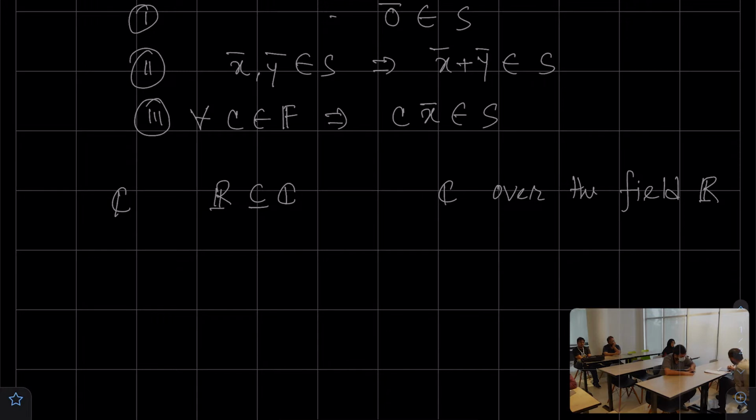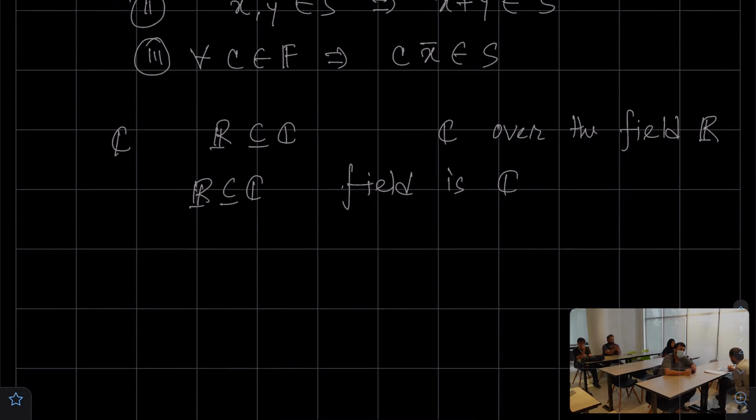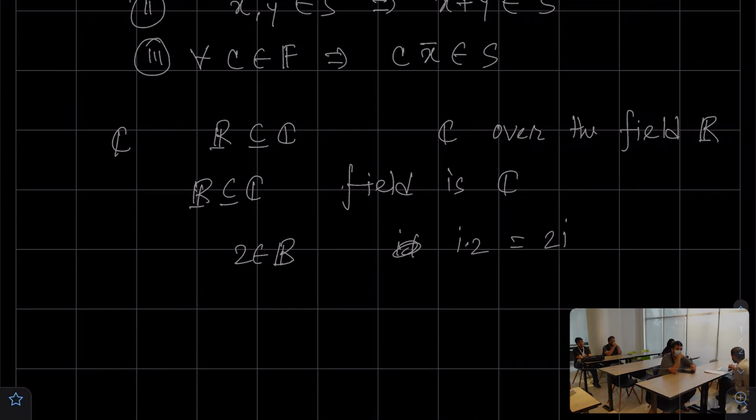If you take R as a subspace of this vector space, and you consider the field to be the complex numbers C, then 2 belongs to the real numbers, right? And if you multiply i with 2, this equals 2i, but this does not belong to R. That means it's not a subspace in that case.